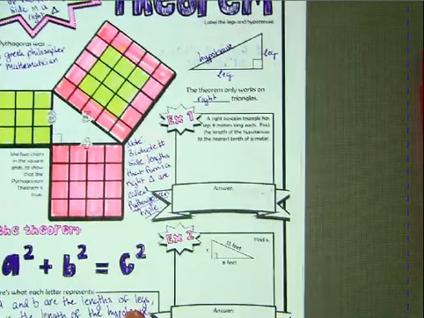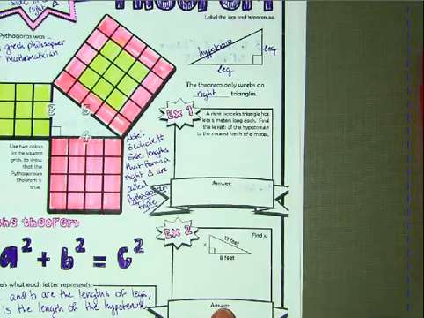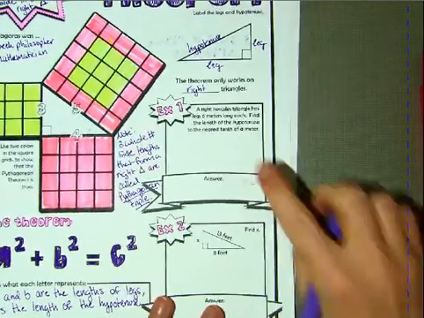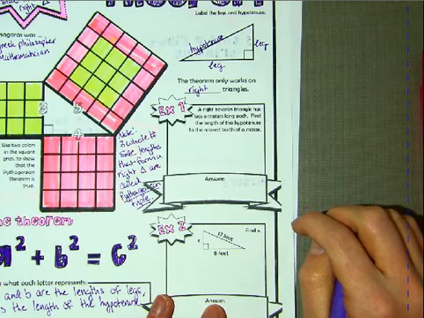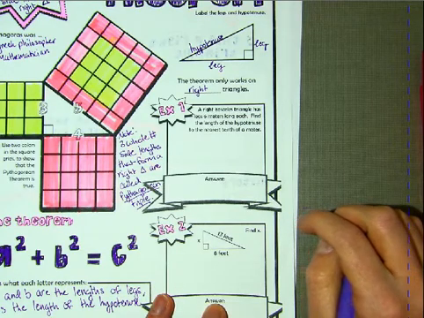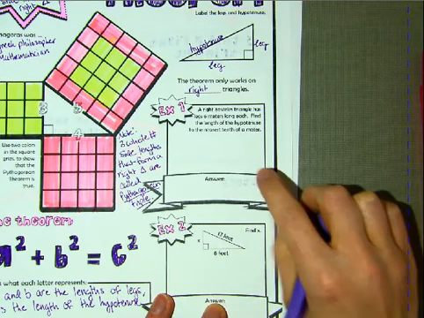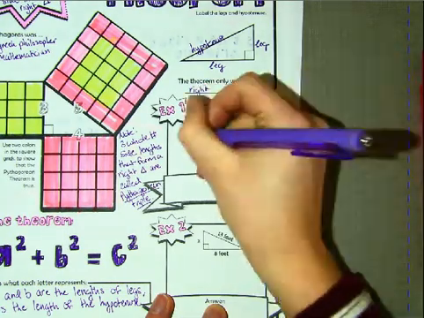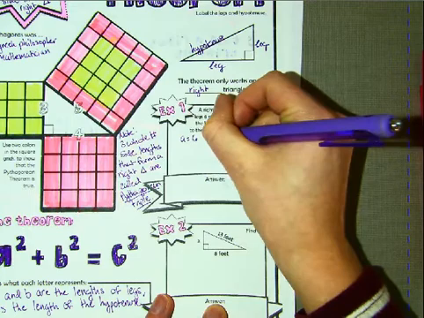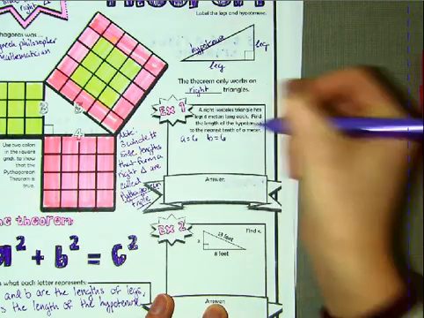So now let's look at these examples. It says, a right isosceles triangle has legs 6 meters long. Find the length of the hypotenuse to the nearest tenth of a meter. So it tells us that the legs are 6 meters long each. So we know that both a and b equal 6.